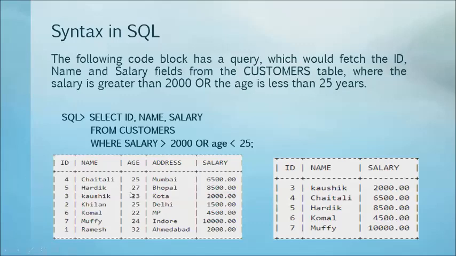The age is 27, but the salary is 8,500, which is greater than 2,000. Next, we have number 6, Komal, whose age is 22 and salary is 4,500. And we have ID 7, Mafi, whose age is 24 and salary is 10,000. So our generated output is IDs 3, 4, 5, 6, and 7.